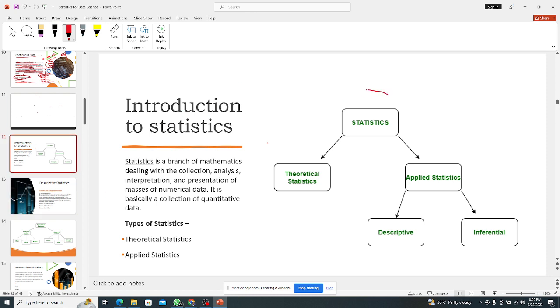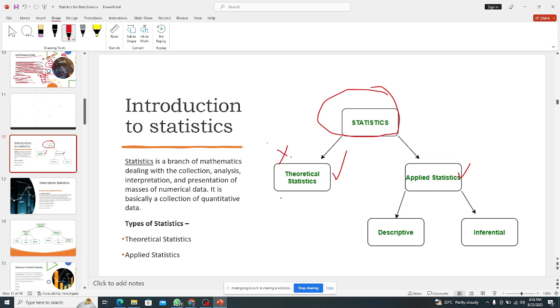So remember, I said that statistics is majorly categorized into two major types, that is theoretical statistics and applied statistics.